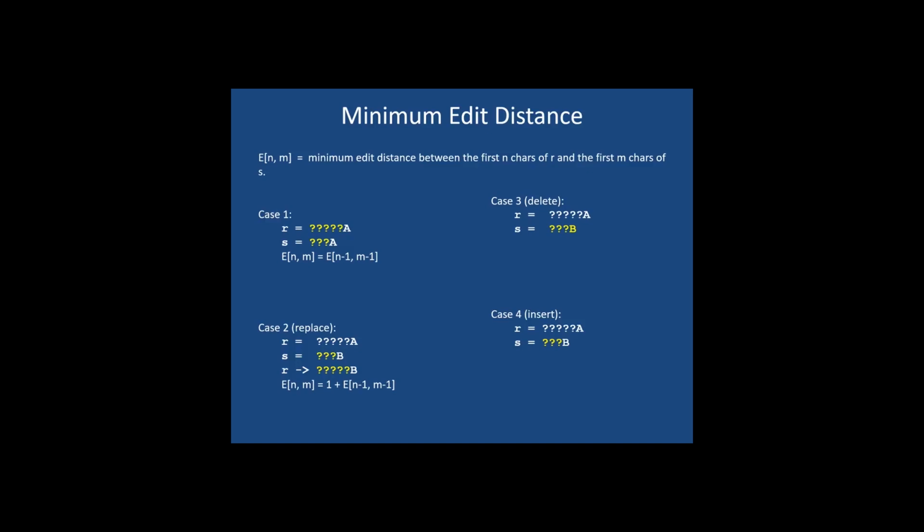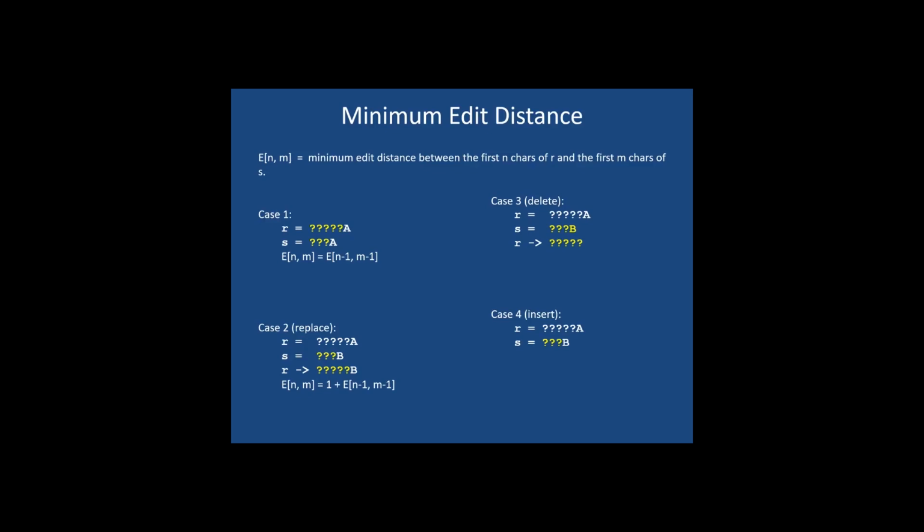Okay? What about in the case we do a deletion? So we decide, okay, we've got a problem. Our 2 substrings end with different letters, so I'm going to delete the last letter of R and go from there. What would E of n, m be in this case? We've done one edit, right?